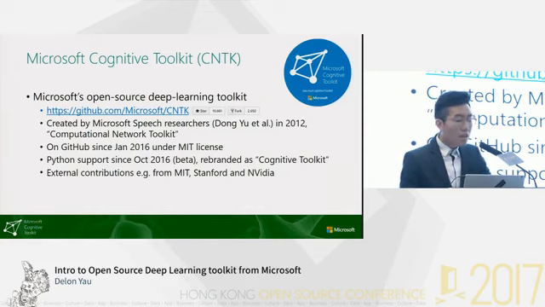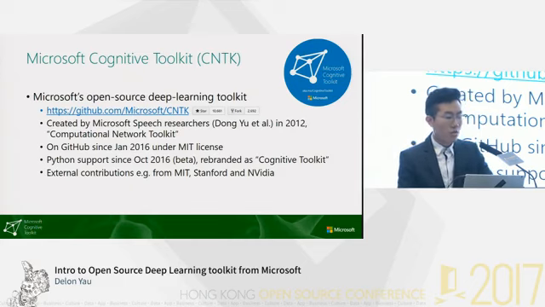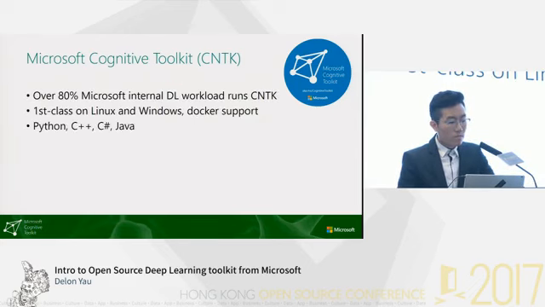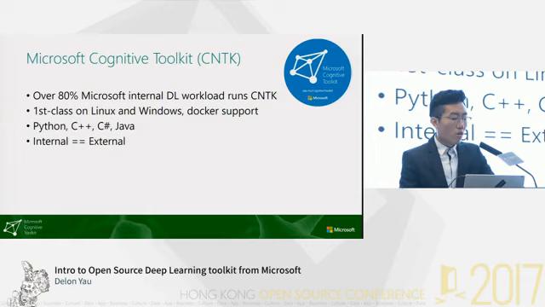So this slide briefly talks about what CNTK is. It is our own deep learning toolkit. Originally it was called Computational Network Toolkit; now it's called the Microsoft Cognitive Toolkit. Over 80% of our internal deep learning workloads now run on CNTK, and you can create a Linux-based or Windows-based VM to run CNTK for all sorts of deep learning projects, and we have Docker support as well.